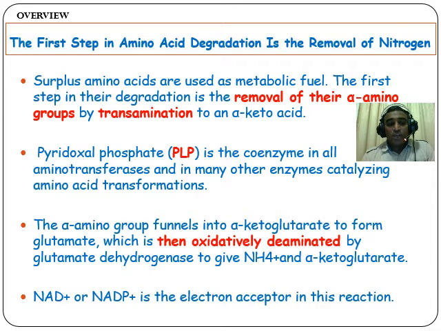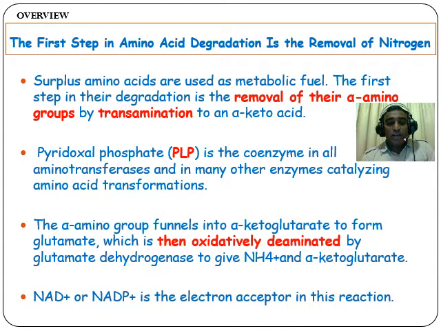So, as seen in the third paragraph, firstly, the amino group will react with alpha ketoglutarate to form glutamate. So you will have the amino group taken out from the amino acid, leaving behind the carbon skeleton, and the amino group will become glutamate.